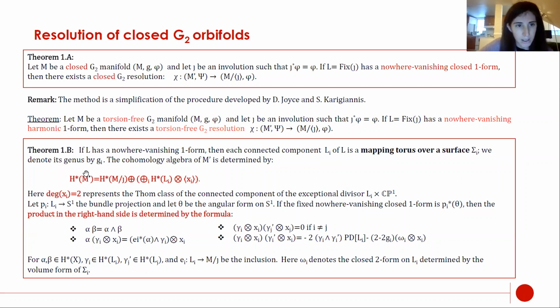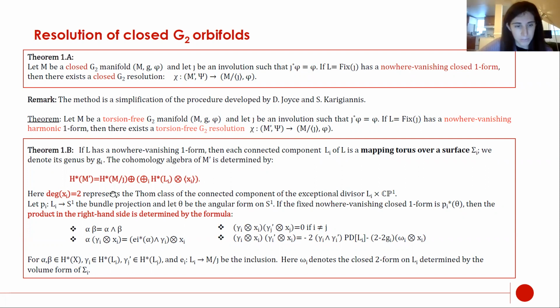The cohomology group of the resolution is the direct sum of the cohomology group of the orbifold and each of the cohomology groups of the connected components of the singular locus, which I call Li, but these are tensored with a degree 2 class.